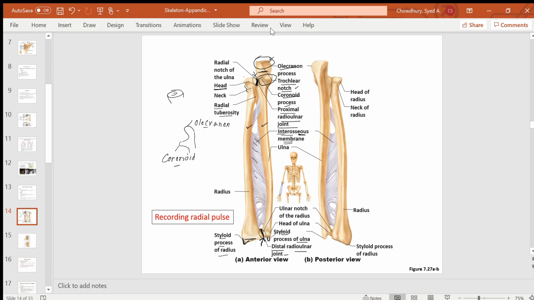So olecranon process, coronoid process, and this U-shaped area where the trochlea fits, that is called the trochlear notch. Okay, so that is the upper end of the ulna, and at the lower end, as I mentioned, there is an extended part that is called the styloid process.